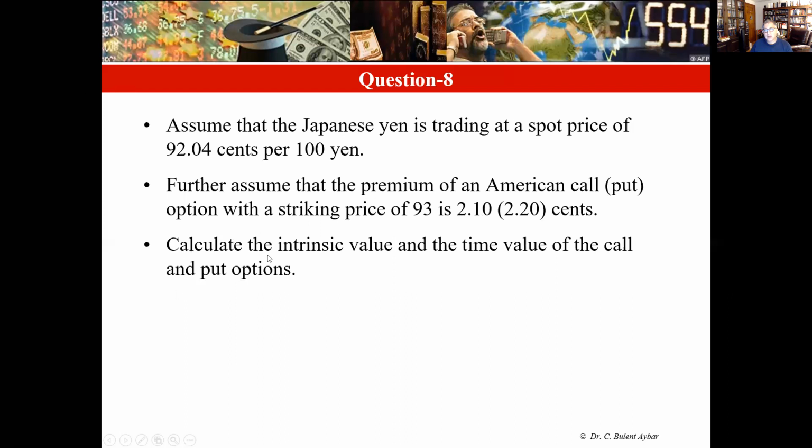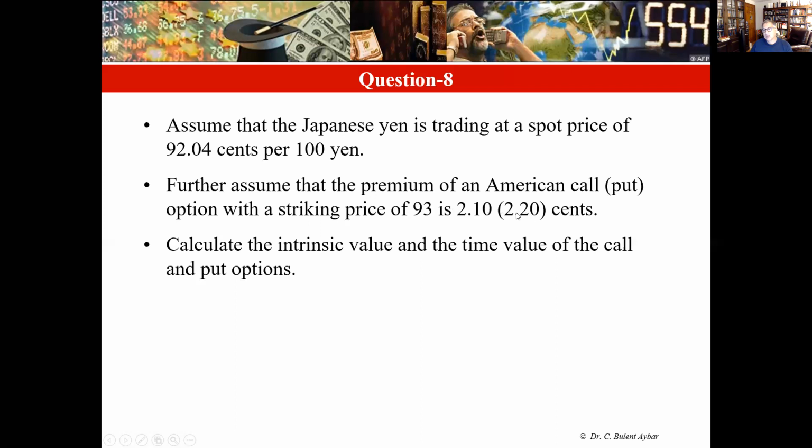We are asked to calculate the intrinsic value and the time value of the call and put options under this case. So here there are two options involved. Strike price is 93. The call option with a 93 strike price is trading at 2.10. The put option with a 93 strike is trading at 2.20.